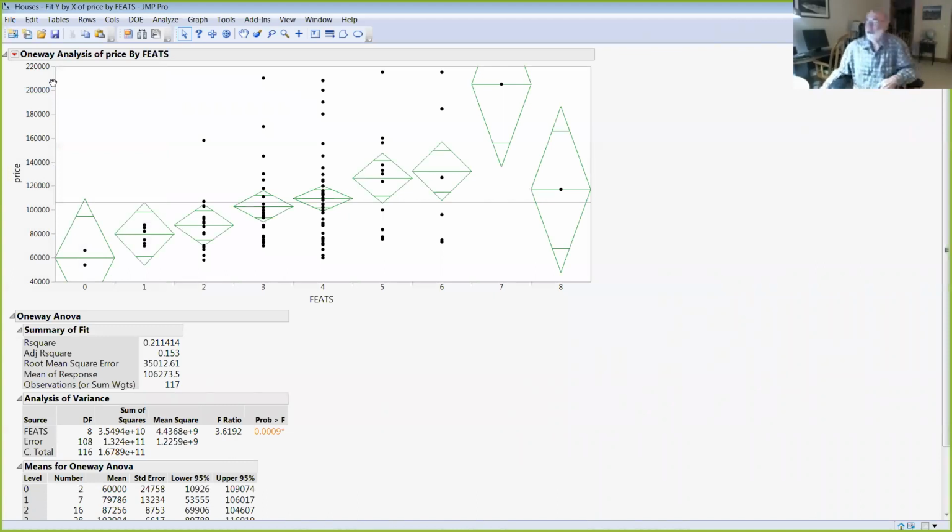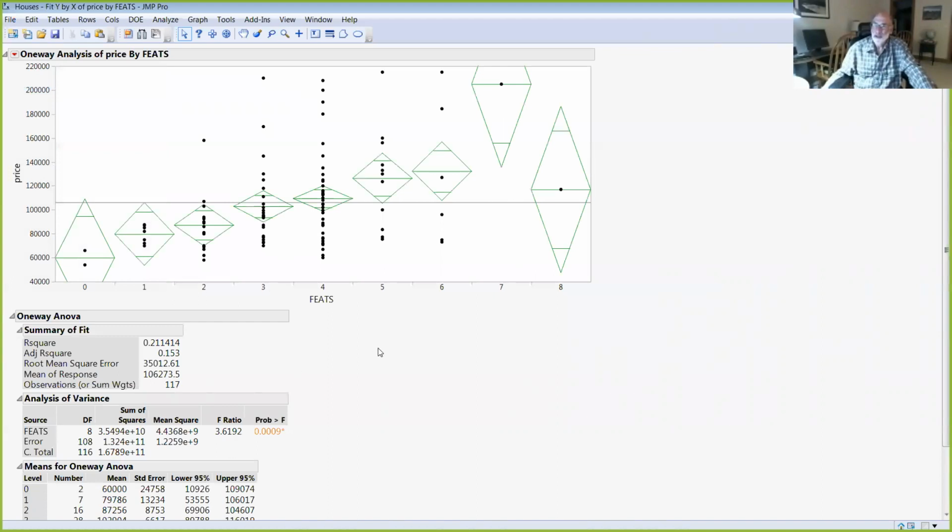Notice the huge confidence interval at 7 and 8 because we only have a single house there, and it's a pretty large confidence interval at 0 because we only have 2 houses there. As we have more and more houses with these numbers of features, we have somewhat narrower diamonds. We can be a little more sure about what the average value looks like.